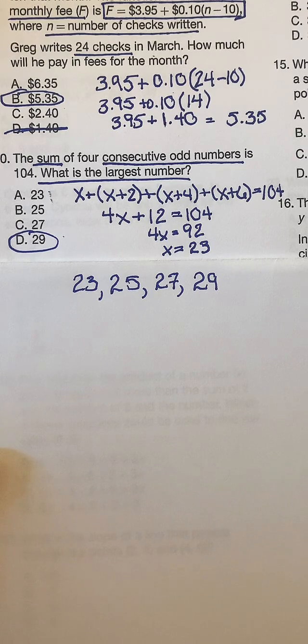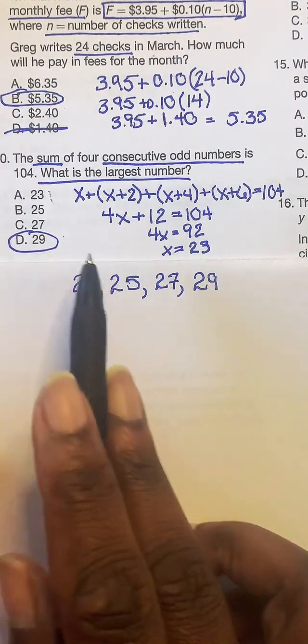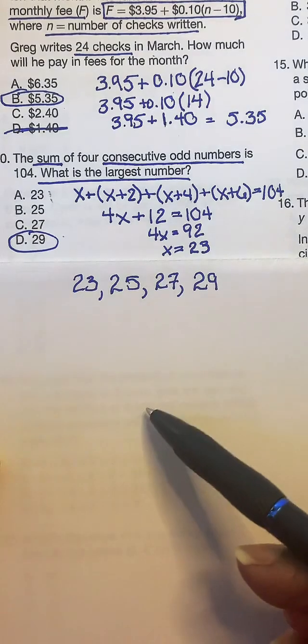All right. So it's a combination. Some people can say, I can start with 29 and then try to work my way backwards to see if that works. You can do that too.